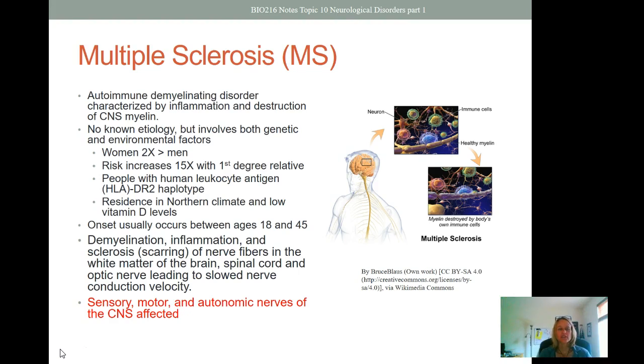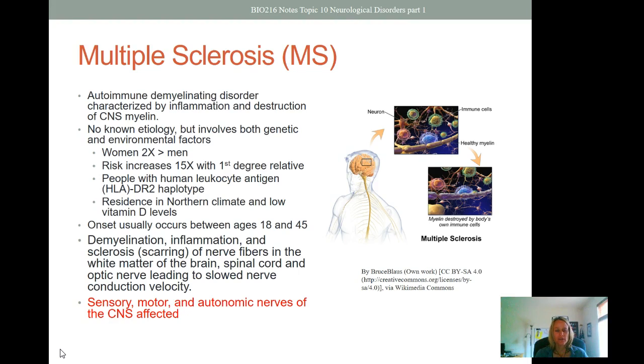The risk increases about 15 times if you have a first-degree relative with MS. People with certain human leukocyte antigen haplotypes are more likely to get this. Also, there's a link between residence in a northern climate, low vitamin D levels, and the incidence of multiple sclerosis. The onset usually occurs between the ages of 18 and 45.